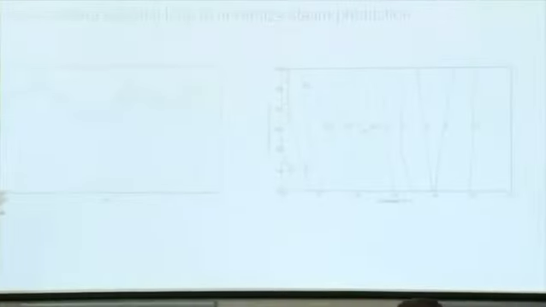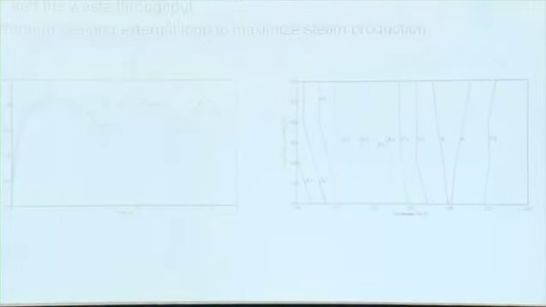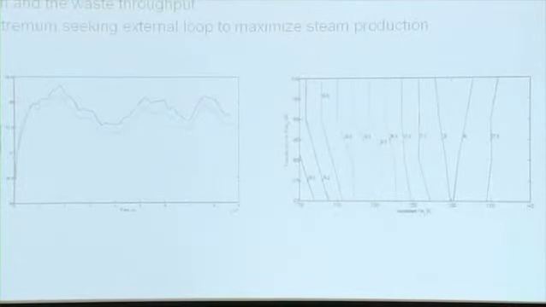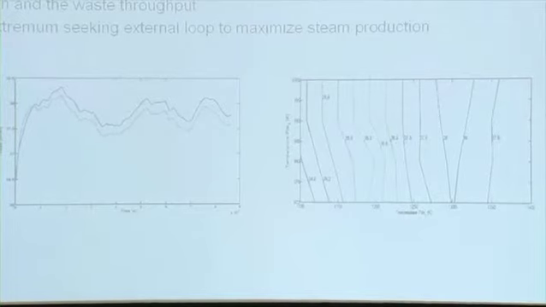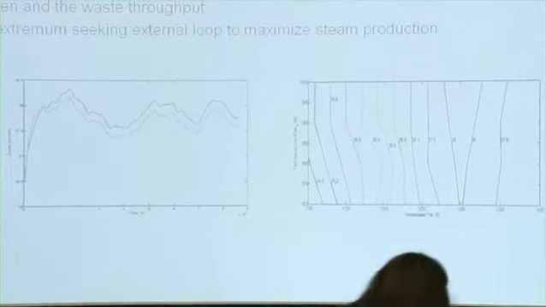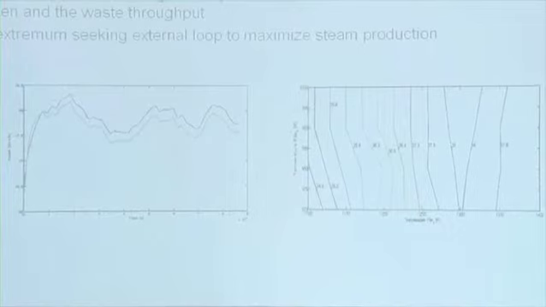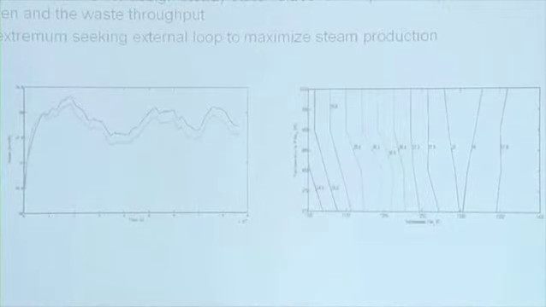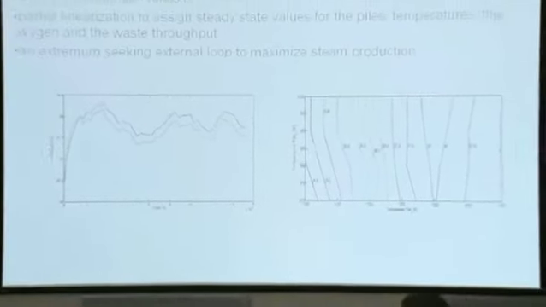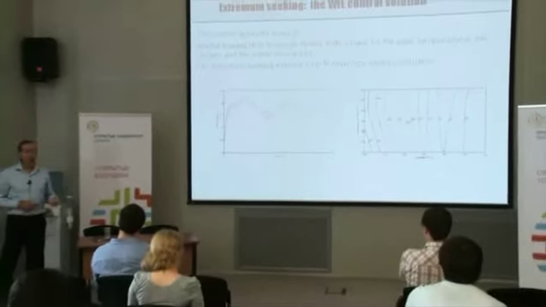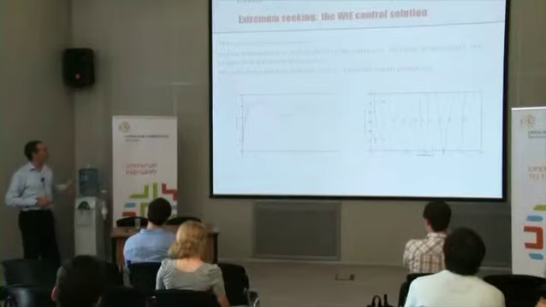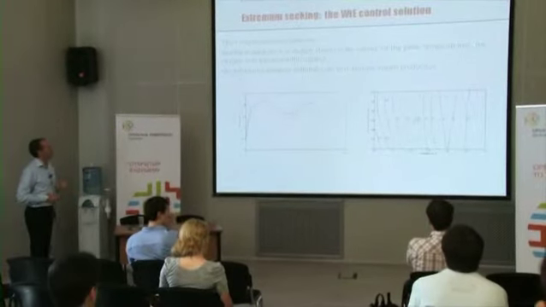The problem is that this graph is changing with time because the waste is changing with time. And so the steam that you produce is going up and down close to the 38 value. And this is a graph over approximately 10, 20, 30 hours. Okay, so a bit more than a day. So the goal here is to maximize the performance of this plant without having precise information on the internal behavior of the plant, and we achieve this with extremum seeking.